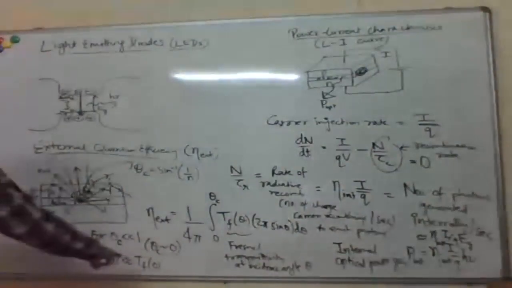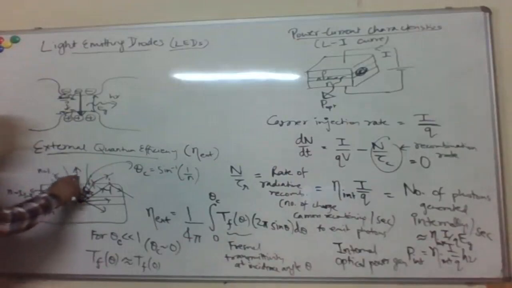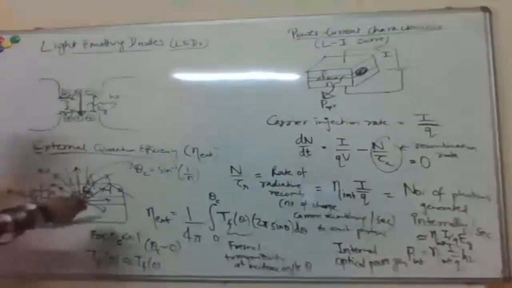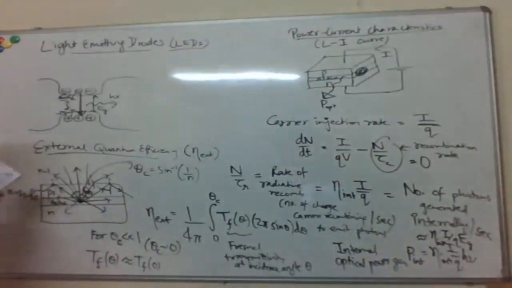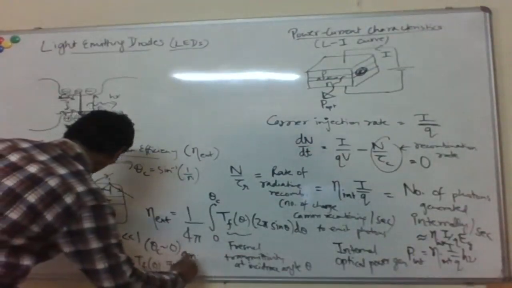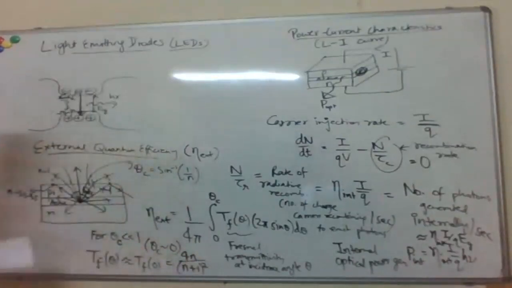Okay, so then this is a constant now. This is just a normal incidence transmission. You know that the reflection coefficient is (n minus 1) by (n plus 1), squared. The transmission coefficient is just 4n by (n plus 1) squared.